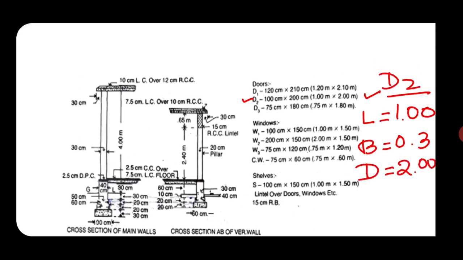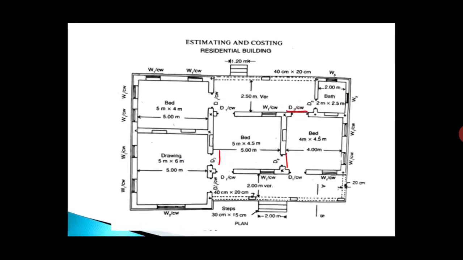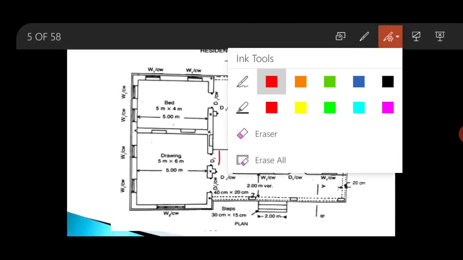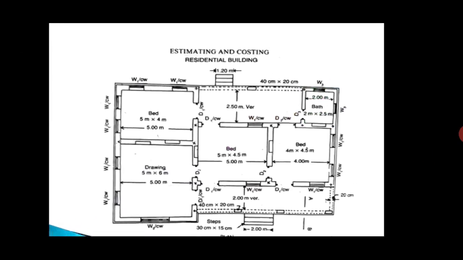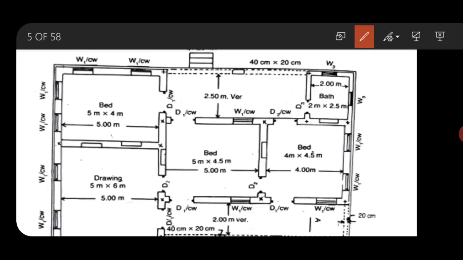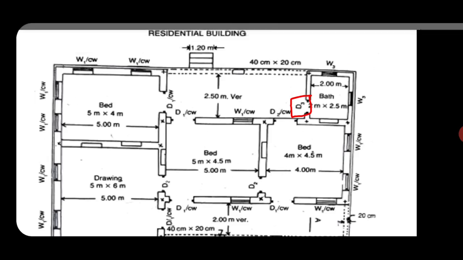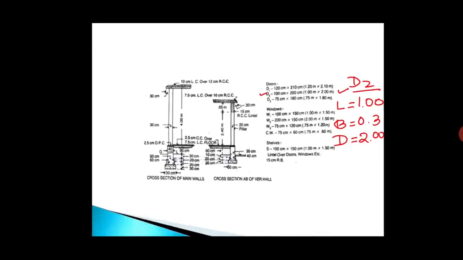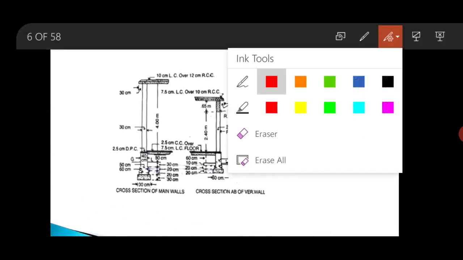Similarly, for D3, you can see this is the D3 door, which is made in the 20 centimeter wall. So what will be the dimensions for the D3 opening?